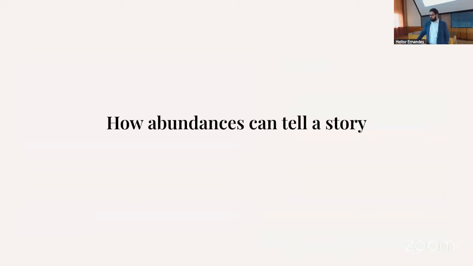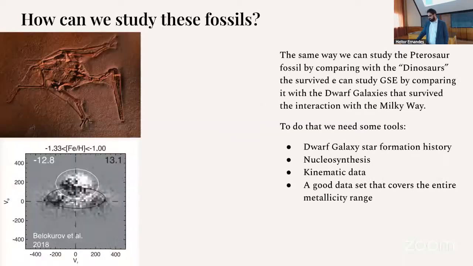Now, how can we use these abundances to tell a story, to see what's going on with this population, what they experienced? The same way we first identified those, now we need to interpret those. The same way they do for dinosaurs, you basically need a toolbox to resolve that.